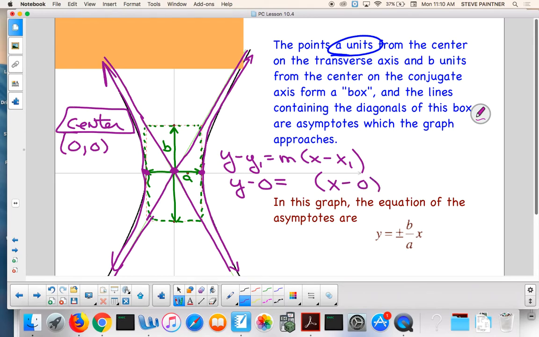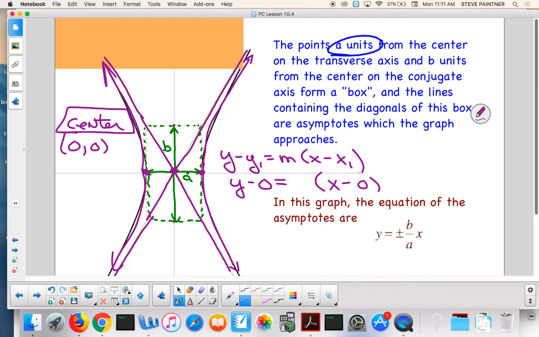Now, what's the slope of the line going to be? Look at the box. Can you tell me the slope of this asymptote? Did you rise how far? B. Did you run how far? A. Didn't you rise B, run A? So guys, if you know your B and your A, this will be really easy for you. I'll just say my slope is B over what? B over A. Now look at the formula of your equation.